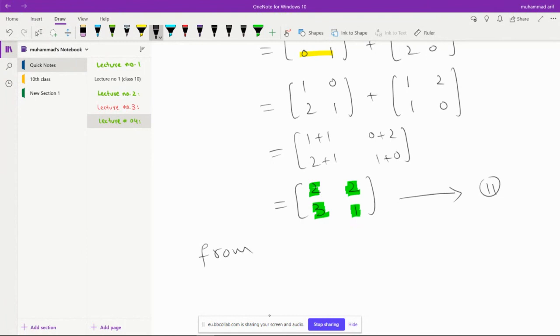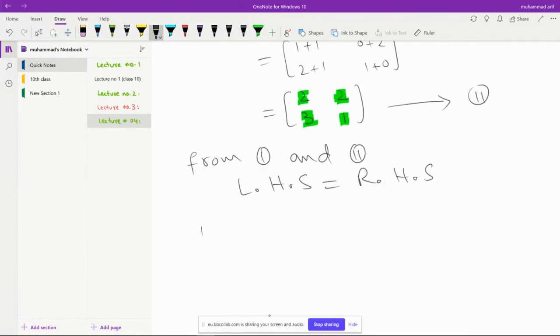From 1 and 2, left hand side is equal to right hand side. That is, A plus B whole transpose is equal to A transpose plus B transpose.